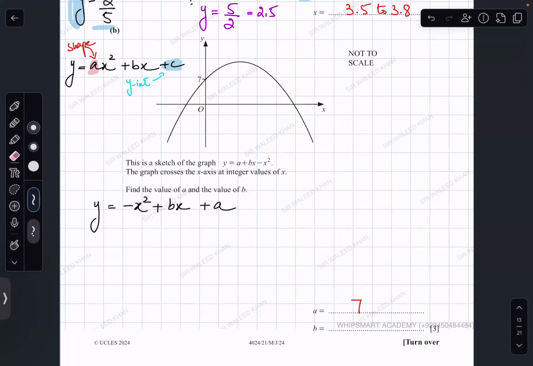Now, as we have one value, y is equal to minus x squared plus bx plus 7. Whenever we are dealing with such a quadratic equation, this b is more related to the roots, these 2 points.